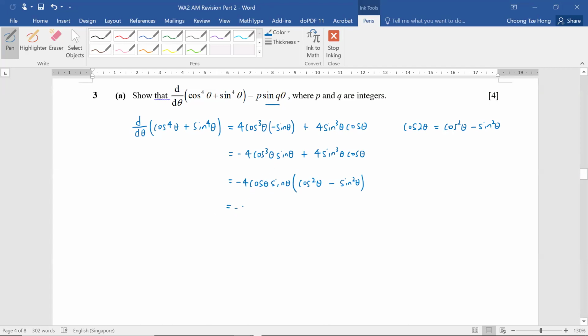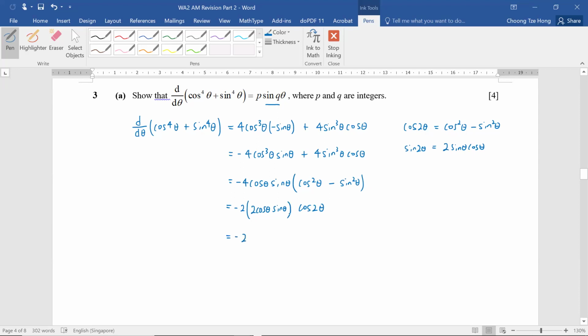In this case, we take out a negative 2, and then this will be 2 cosθ sinθ, which is equivalent to sin 2θ. The double angle formula for sine is sin 2θ equals 2 sinθ cosθ, which is the same as this. Applying the double angle formula for cosine, this one becomes cos 2θ.